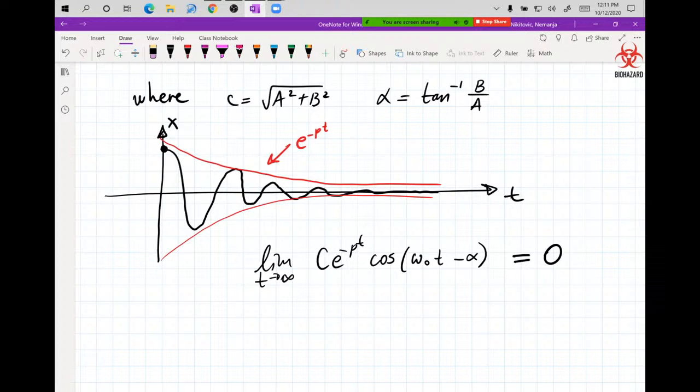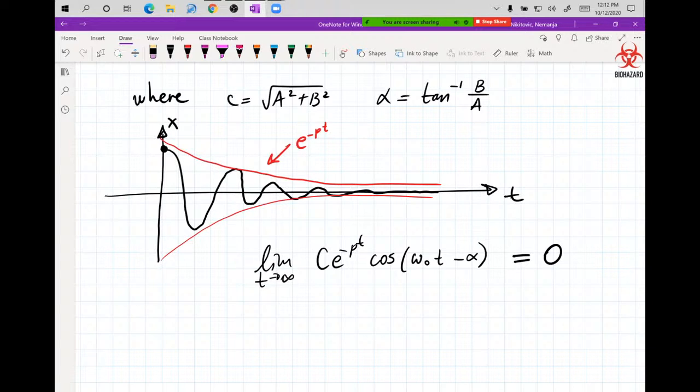Eventually meaning, you let time go to infinity. It might stop in 2 seconds, it might stop in 2 years, but it's guaranteed to stop because this e to the negative pt will kill it as it goes. So now we have the circular frequency omega worked into the problem.